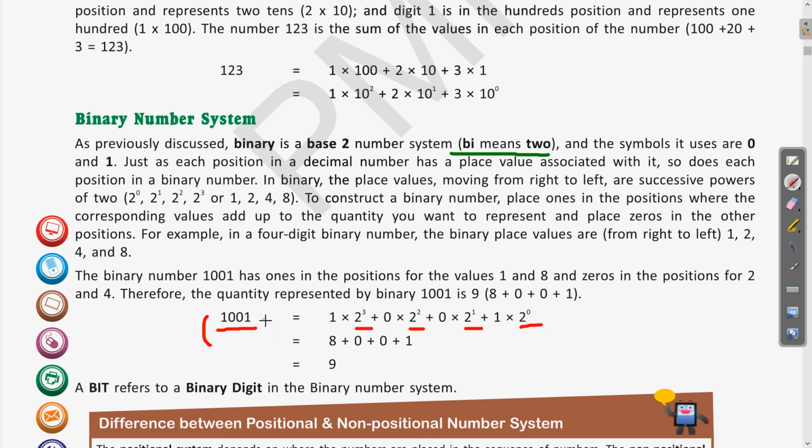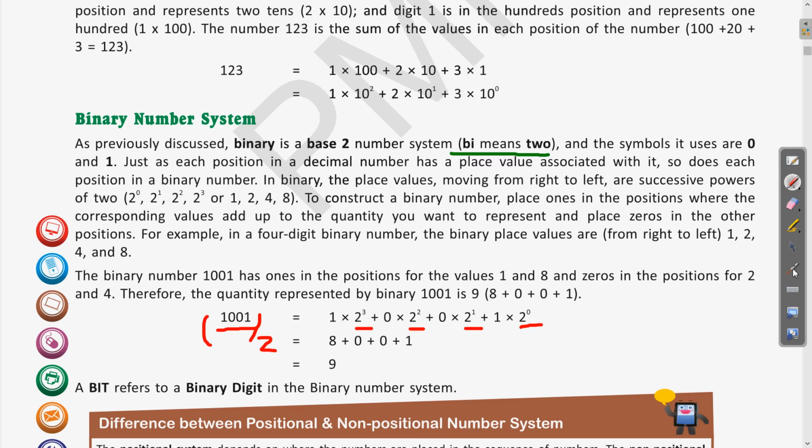So every time we are multiplying with the base. This number is in binary, that is base 2, and that is why we are multiplying each digit with the base 2. While doing this process, we are actually converting this binary into decimal. Clear? So here we have 2 to the power 0, that is 1, and the two middle digits are multiplied with 0, so those are 0.